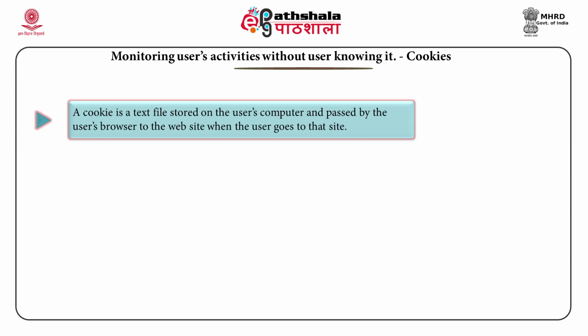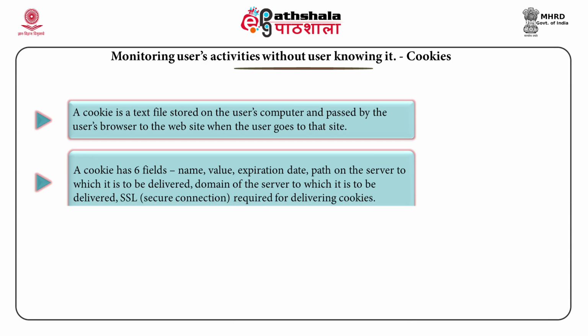To summarize, a cookie is a text file which has 6 fields: name, value, expiration date, path on the server to which it is to be delivered, domain of the server to which it is to be delivered, and SSL, that is, secure connection required for delivering cookies. So, a cookie has these 6 fields.